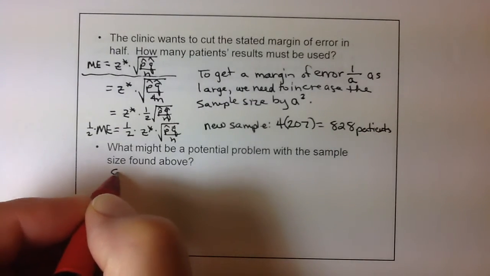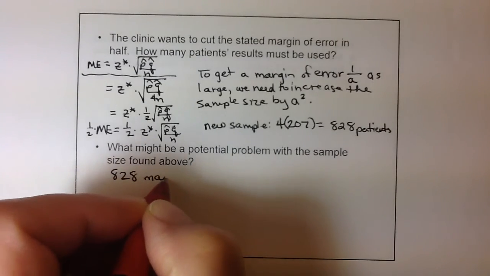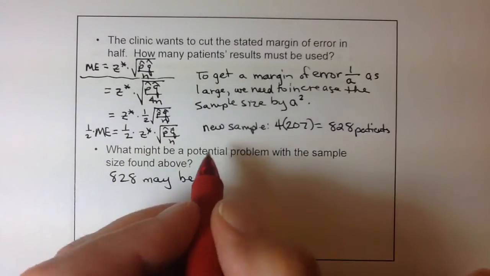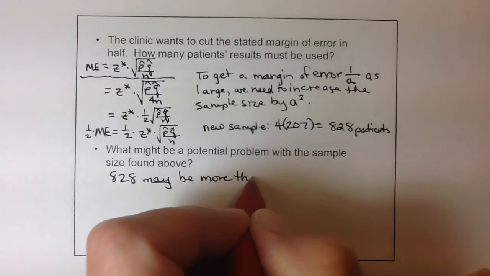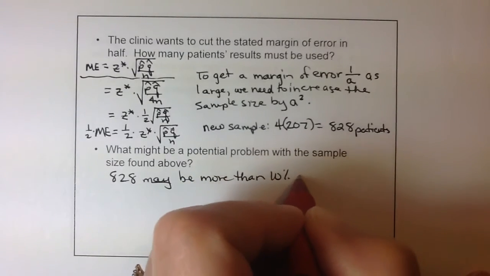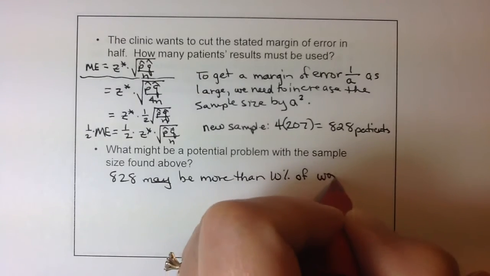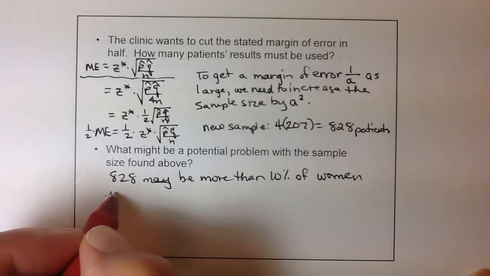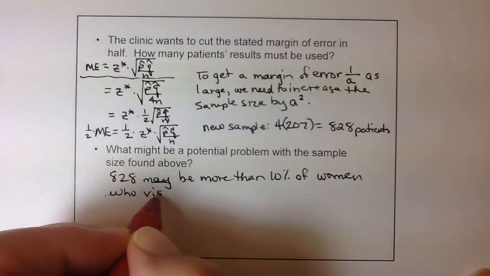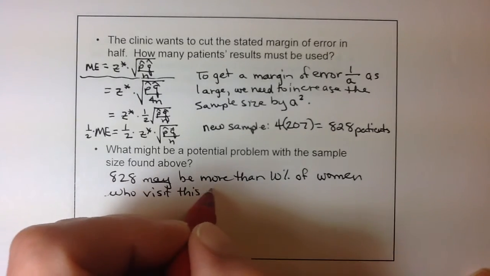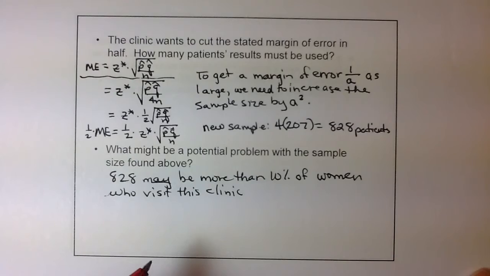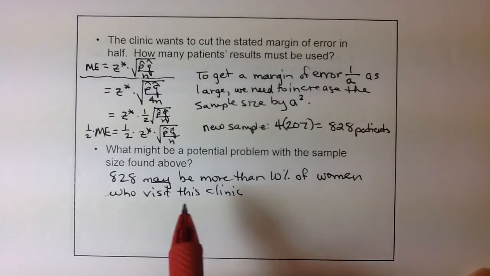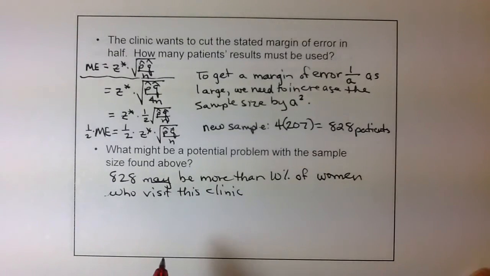So 828 maybe, we don't know for sure, we're just speculating, maybe more than 10% of women who visit this clinic who are over the age of 40 and have had previous trouble conceiving. So it could be a sample size too big issue.